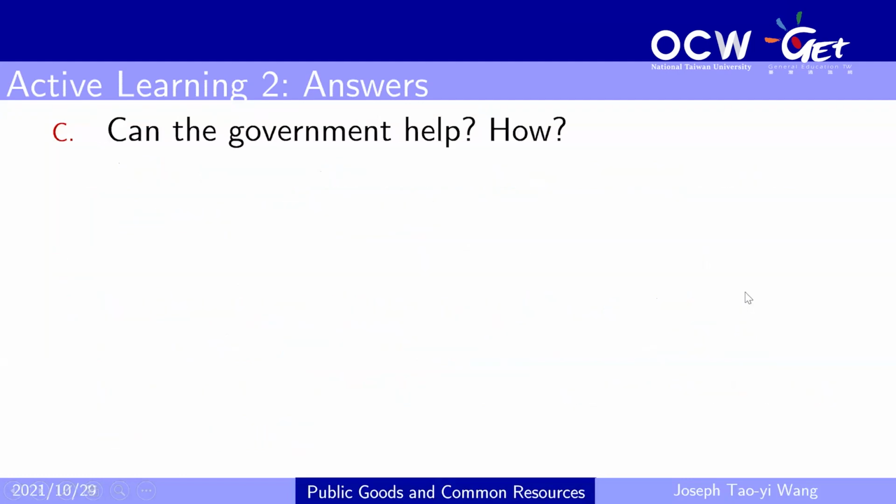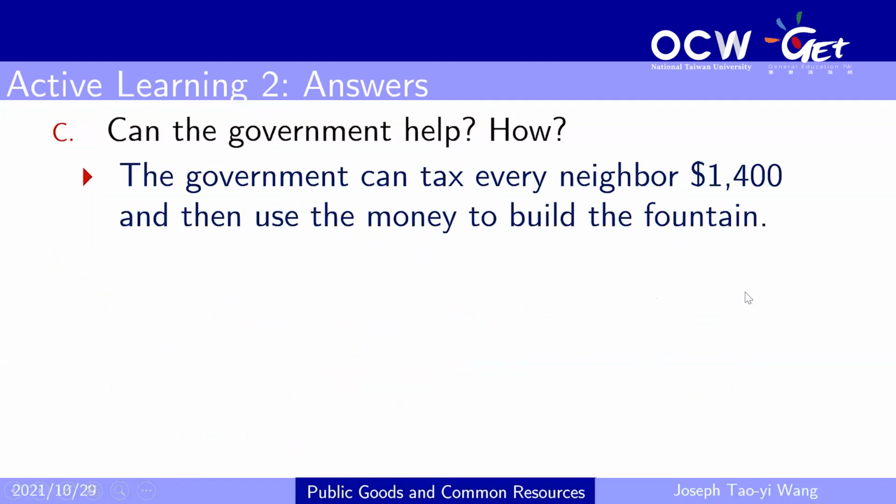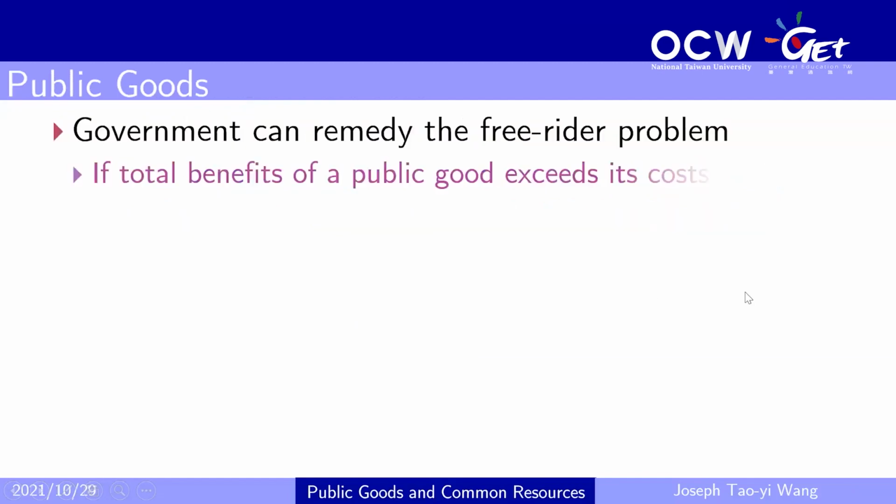Question, can the government help, and how? And of course, as one of your colleagues pointed out, the government could simply tax everybody $1,400 to fund that fountain. And because taxation is enforced, there won't be a free rider problem. So, with public goods, the government can try to remedy the free rider problem if the total benefit of the public good exceeds the cost.